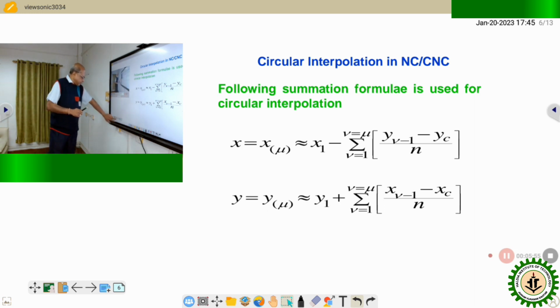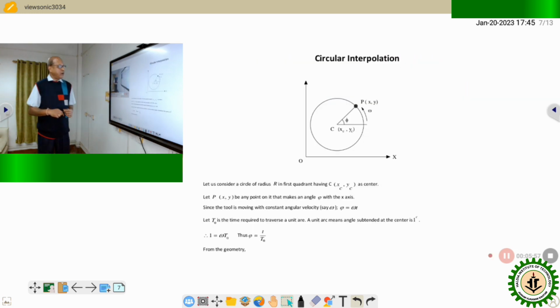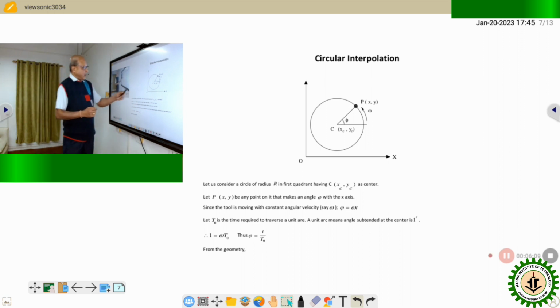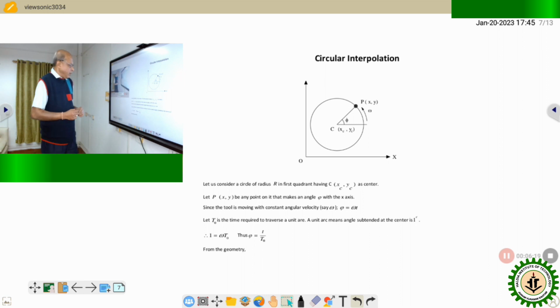Now, let us have a look at how this interpolation or summation formula can be developed. In this case, the approach is a little bit different from that of straight line interpolation. I have taken a circle having radius r, with center point C having coordinates x_c and y_c.